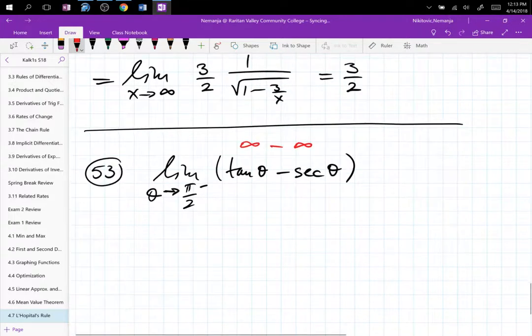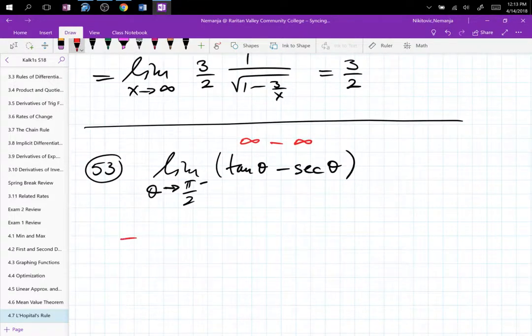When we have infinity minus infinity, the first order of business is to factor whatever is common to make it into multiplication. What's common? Cosine is common. Now you would say, but I don't see any cosine.